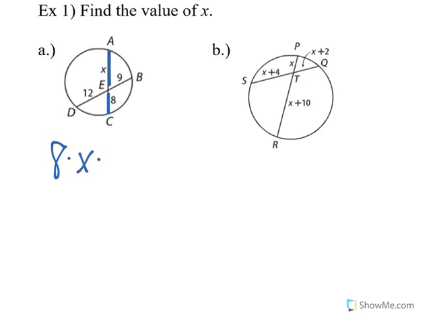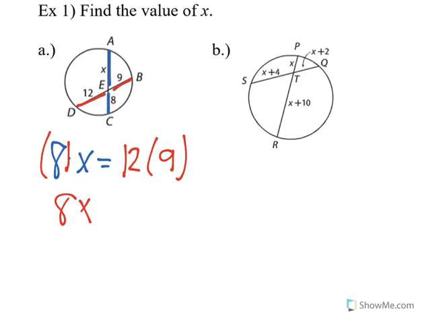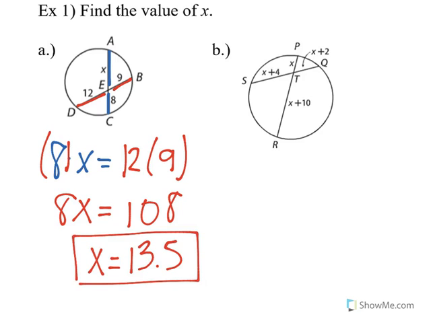So 8 times X equals the other two pieces on the same segment multiplied together, 12 times 9. So it's actually the opposite of what you would think. You're multiplying the pieces on the same segment together. So you're going to get 8X is equal to 12 times 9, which is 108. And then X will equal 13.5. Okay, so the pieces on the same segment are being multiplied together.